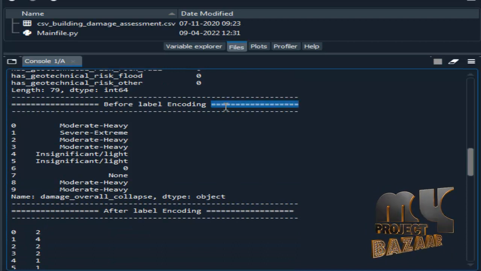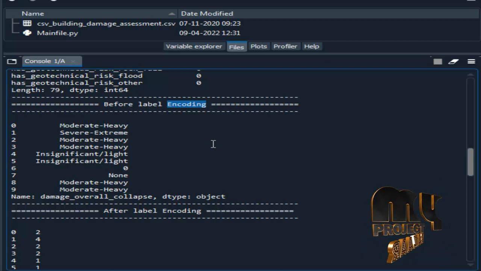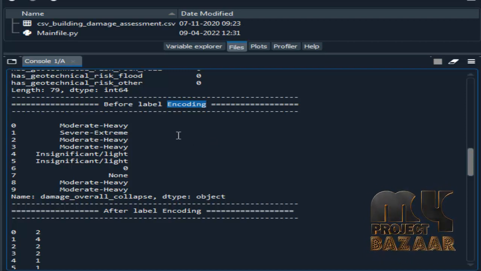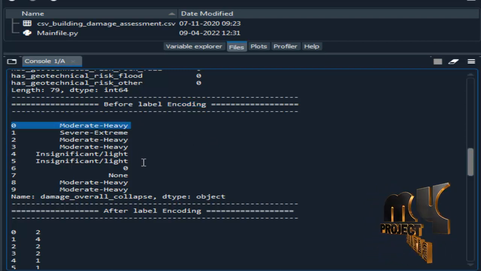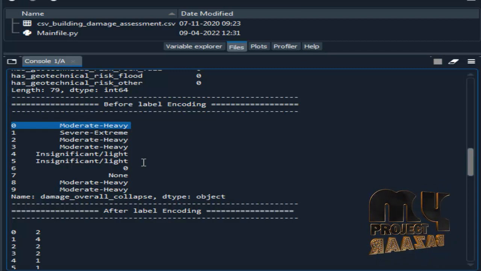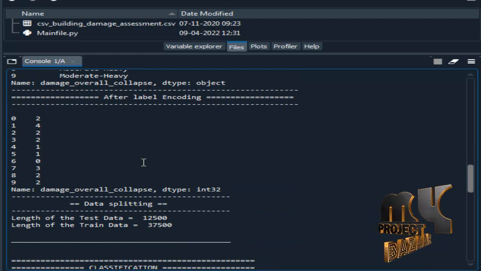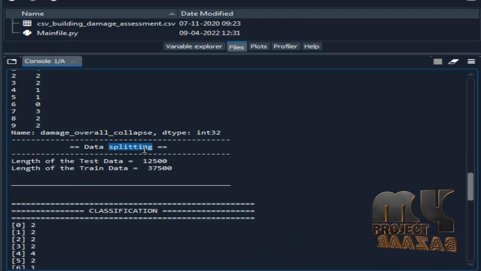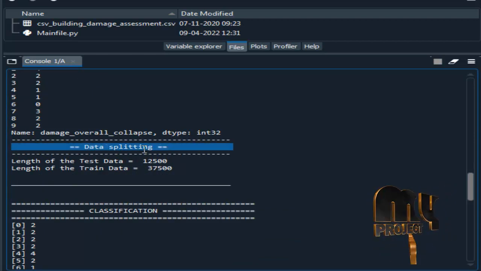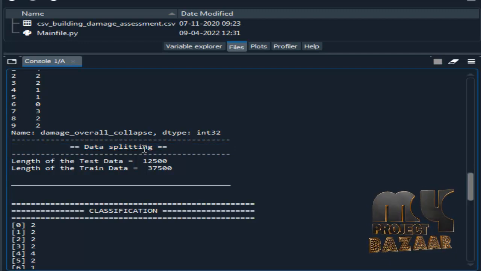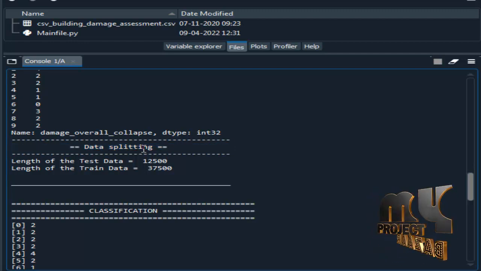Then label encoding. Here we convert the string into numeric integer values. So this is the string present in our data set, and we convert the string into numeric integer values. Then the data splitting module, where we split the whole data set into test and train.